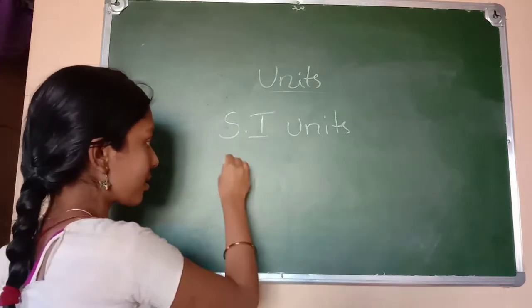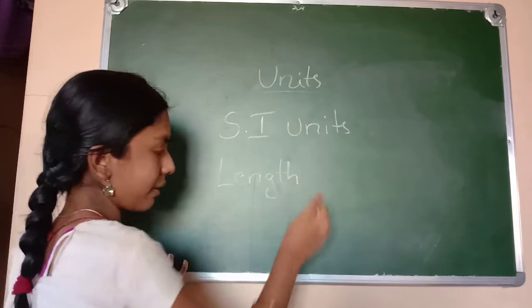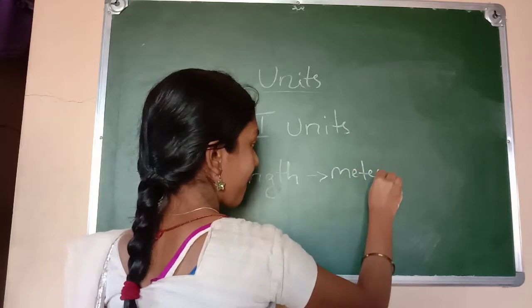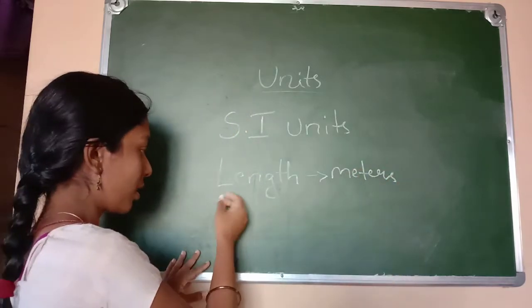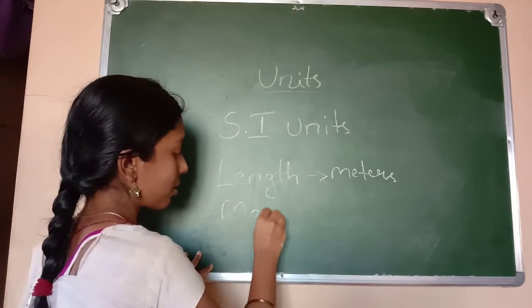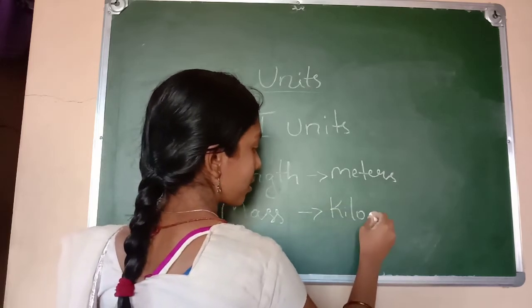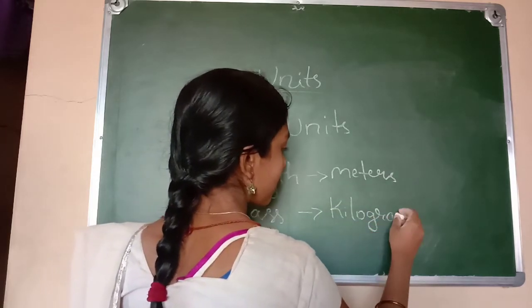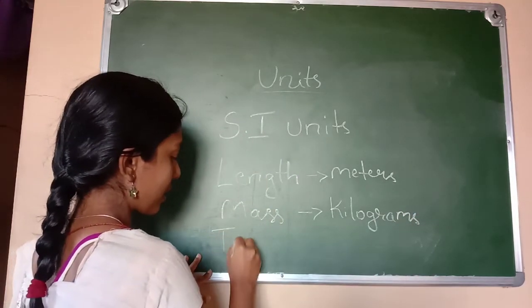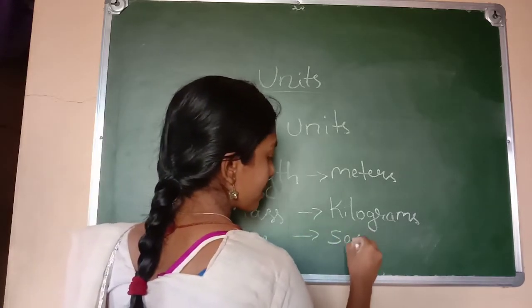Under SI units, the length is usually measured in meters, the mass is always measured in kilograms, and time is always measured in seconds.